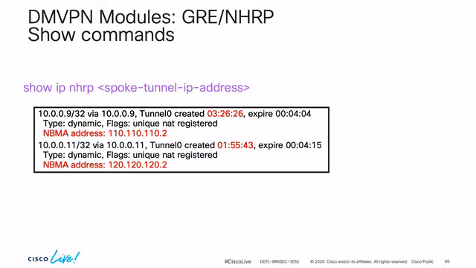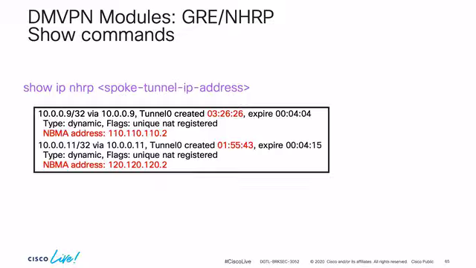If you want to take a look at the NHRP database, you can go ahead and use the show ip nhrp command. And in case you're running this on a hub with a lot of spokes, you can go ahead and filter it based off the spoke or the spoke's tunnel IP address.